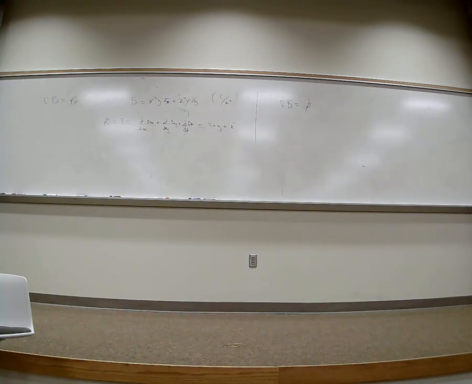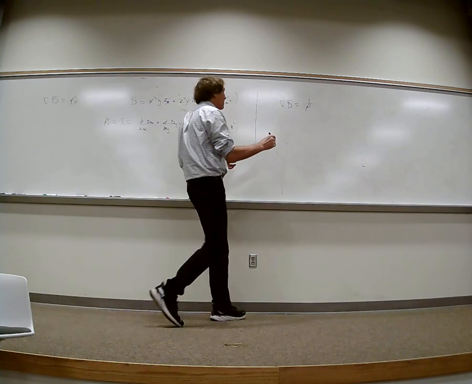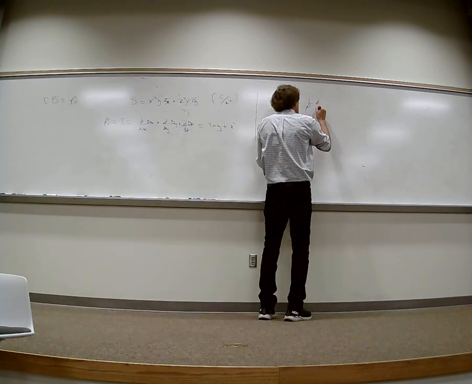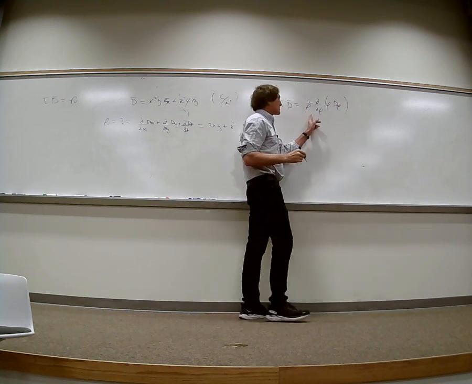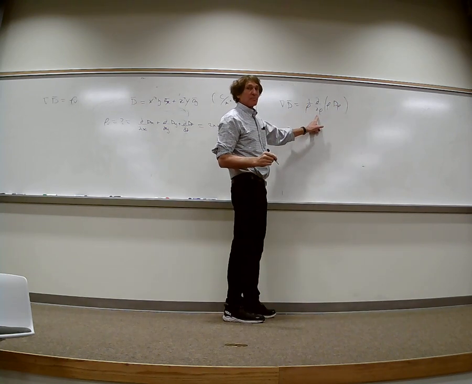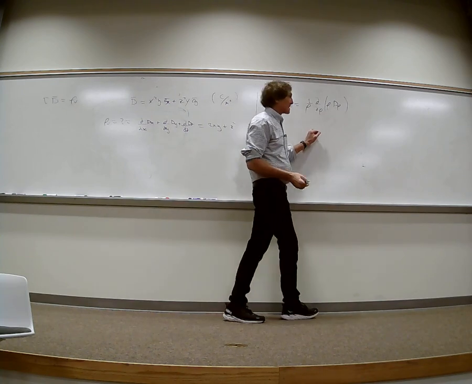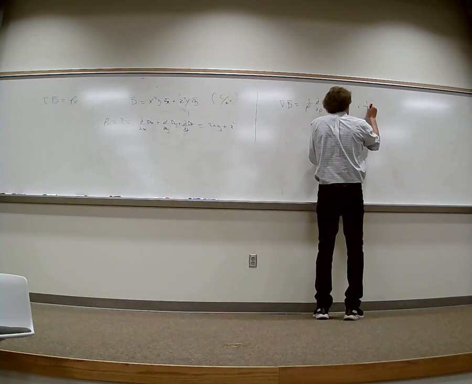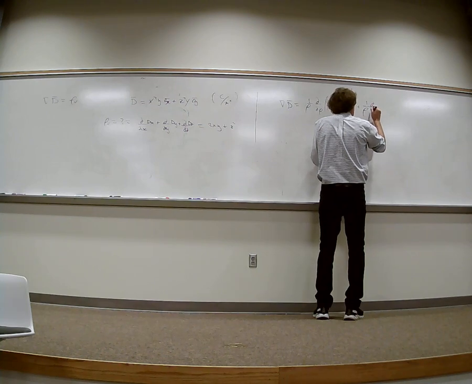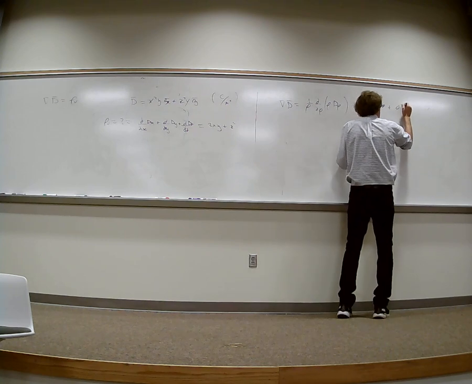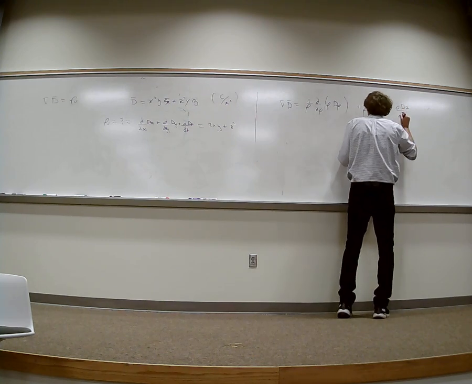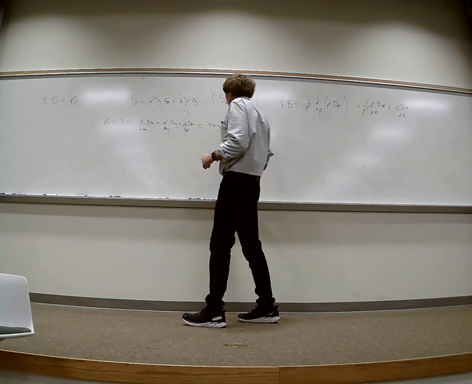Oh yeah, he has the 1 over rho form. So he's going to have 1 over rho d by d rho of rho times D rho. You can also go ahead and do this operation and separate it into two terms. That's the only reason I'm saying. Then it's going to be plus 1 over rho d by d phi of D phi plus the derivative of Dz with respect to z.